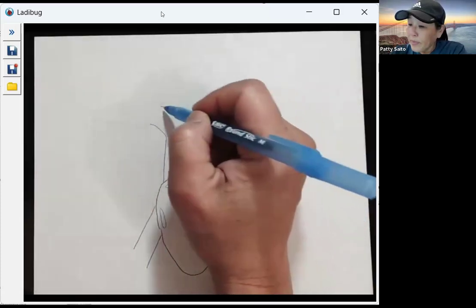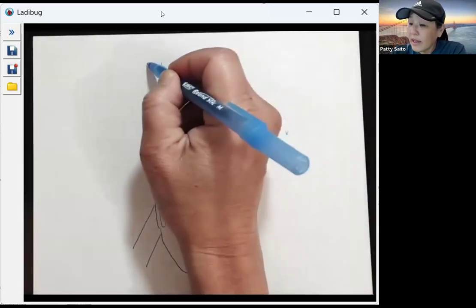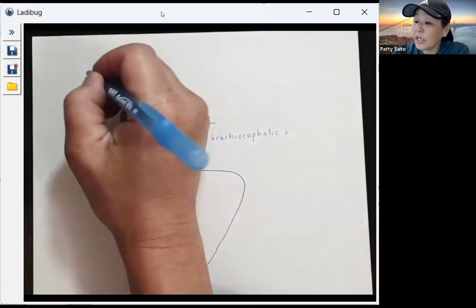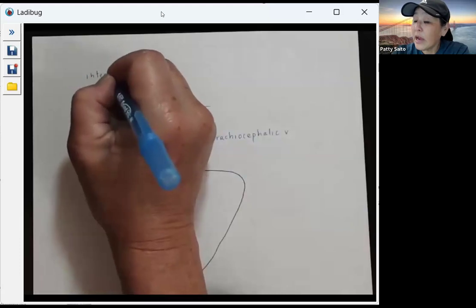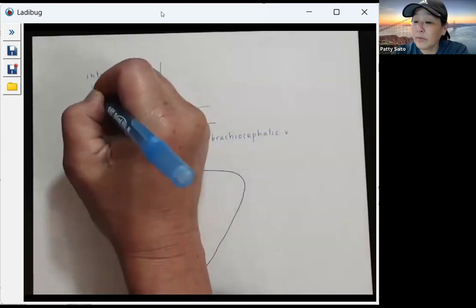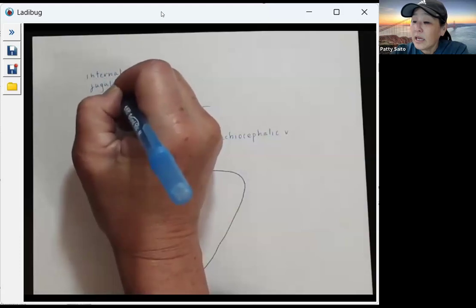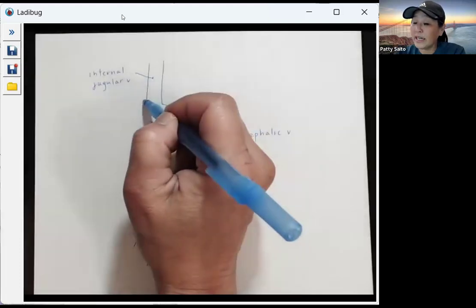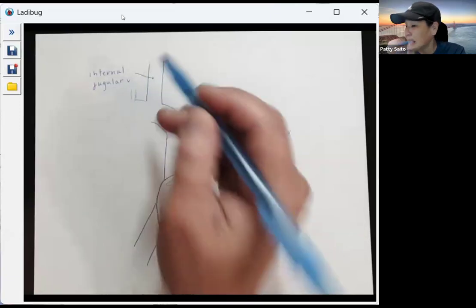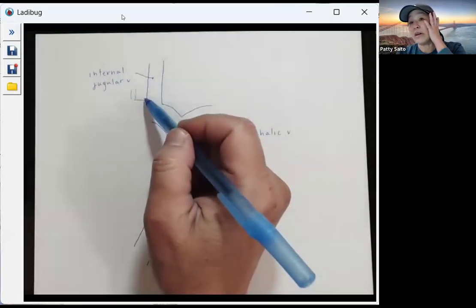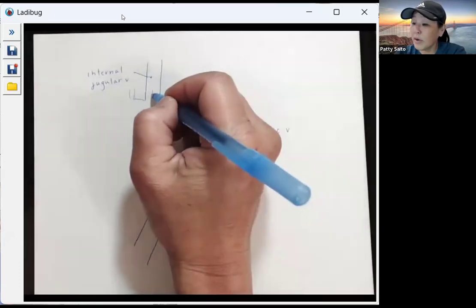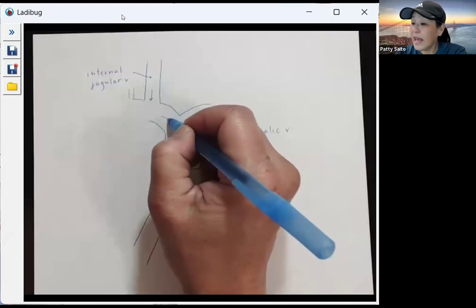From here, we have the internal jugular vein. Now, if there's an internal jugular, there has to be an external jugular, but I'm not going to have you learn the external. The external one is kind of next to it like this, and it goes to the outside of the head. And remember, blood is coming back to the heart, so blood is going this way and that way.